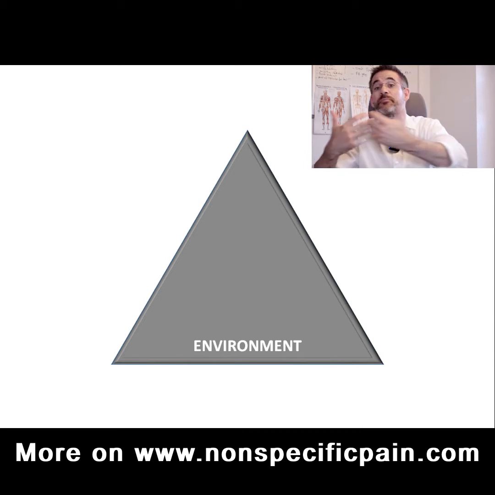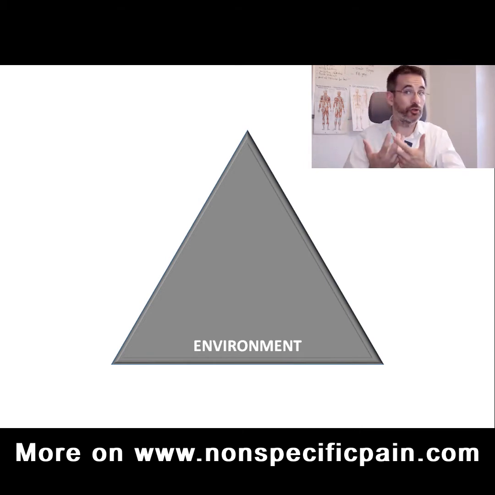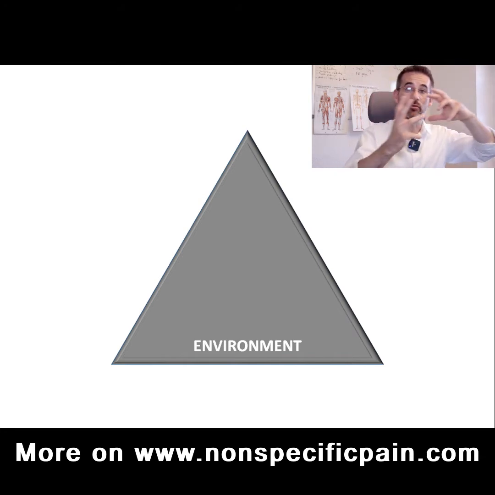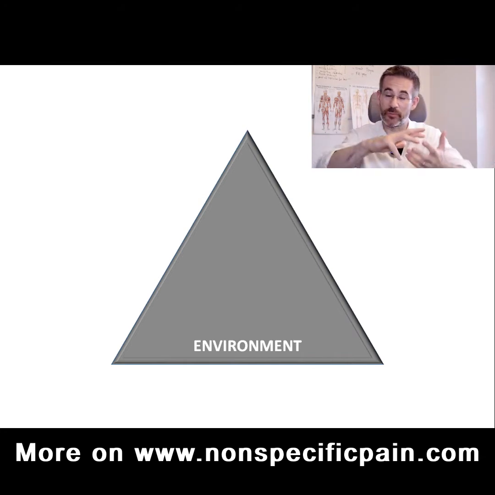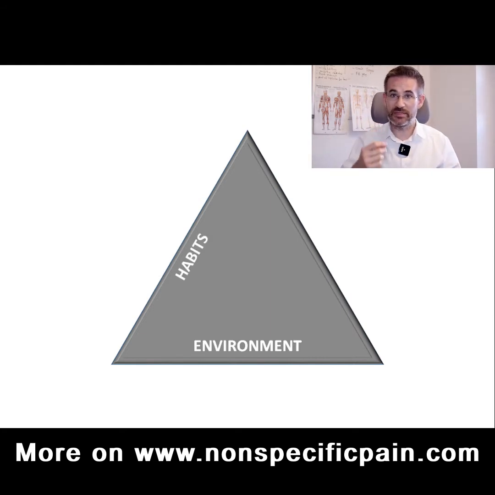How do we choose our chair, how do we choose our couch, how do we tune them so as to make sure that they don't provoke, for example, a round back. The second edge of the second triangle will be habits. Habits is what you do, willingly or not, consciously or not, with every muscle and joint. So we will reprogram your brain so as to change what you think is natural.